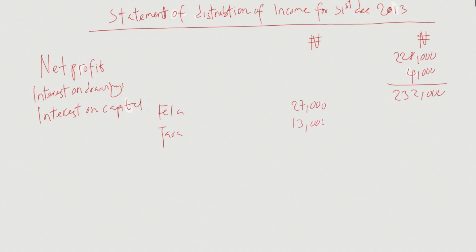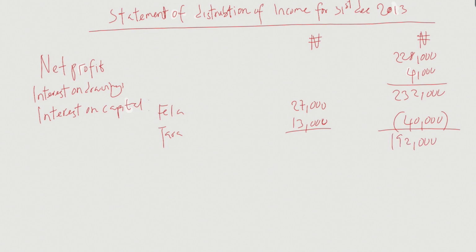The addition of these two gives us 40,000. We bring this 40,000 here and put it in a bracket to represent that we're deducting it. And then you have 192,000.